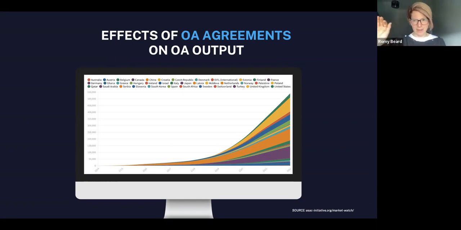And now I think we're hitting nearly 500,000 articles being published openly through these agreements specifically. And there's probably more out there that we're not even counting because perhaps the agreements aren't registered. So this is really encouraging to see that these agreements are actually driving open access, and that's quite exciting, I think.